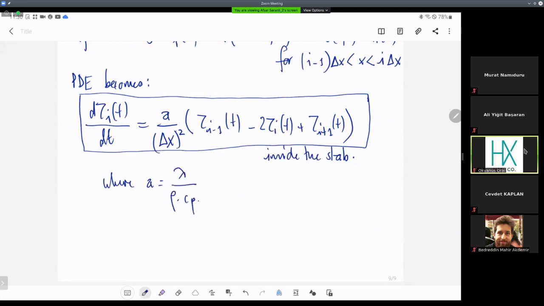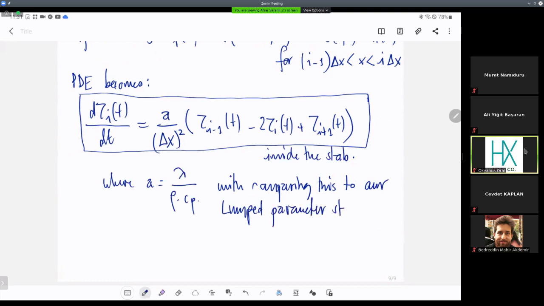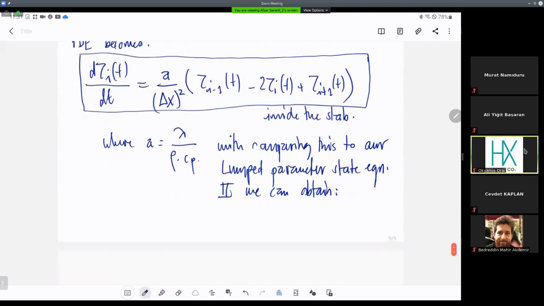If you compare this equation with our lumped parameter approximation, with the lumped parameter state equation 2, we can obtain the correspondence, where alpha 2 is simply equal to lambda over rho Cp and delta x squared.